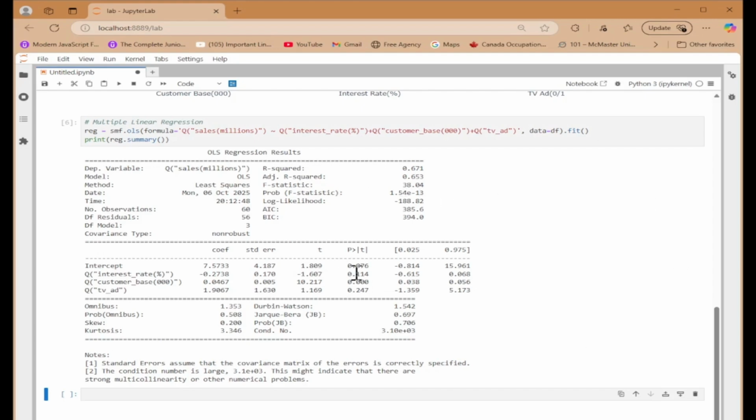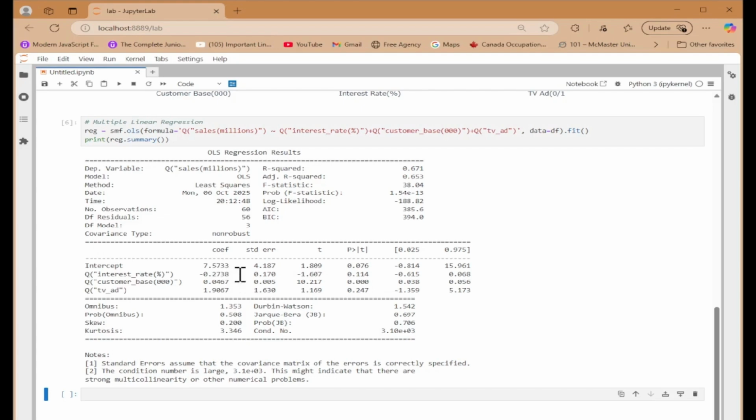And looking at the probability values, you can clearly see that customer base is significant at the 5% level, and the others are not significant at the 5% level. Regarding the interpretation of the coefficients, the sales intercept the y-axis at 7.57 million, or rounding up, 7.6 million.